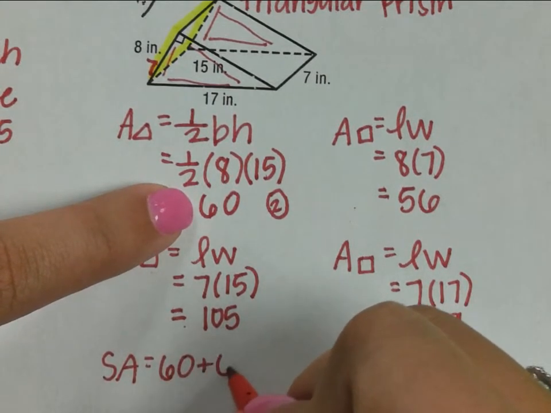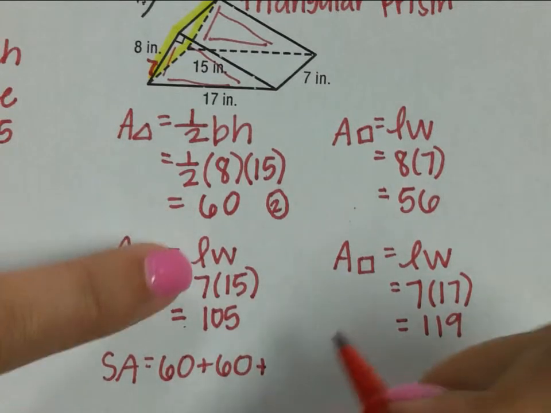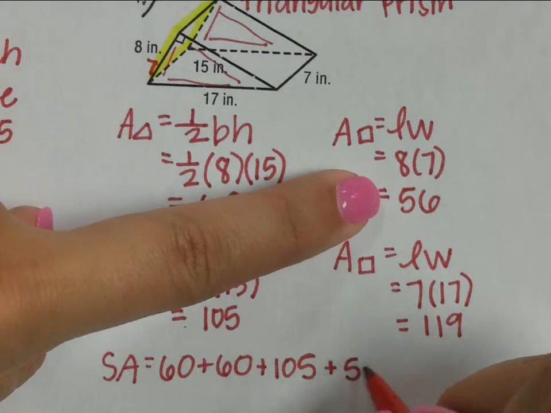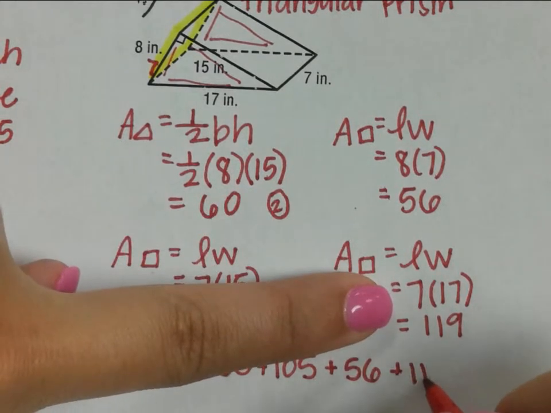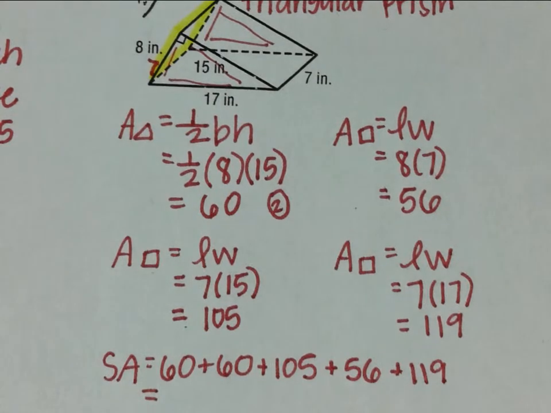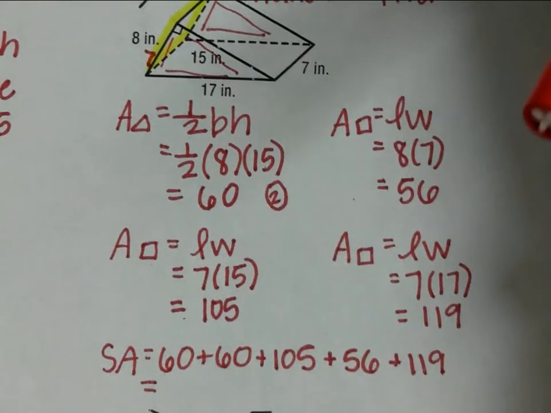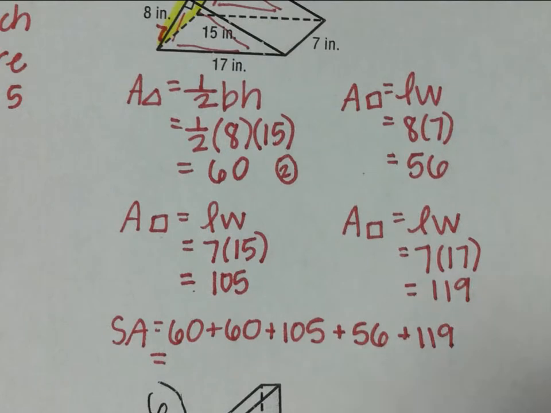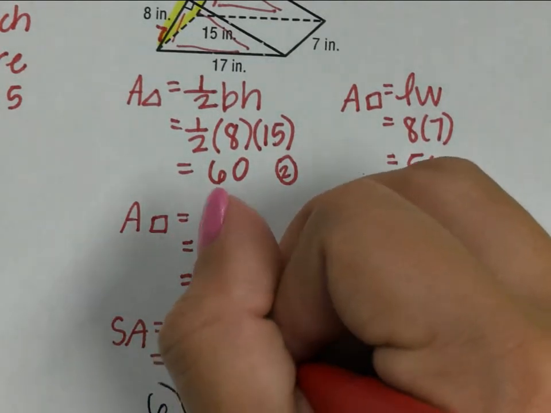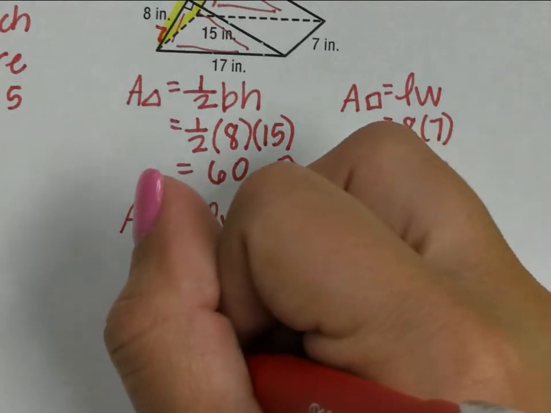I've got 2 of those, so 60 plus 60 plus 105 plus 56 plus 119. So what's my final surface area? Good. 400 what? Thank you. Inches squared.